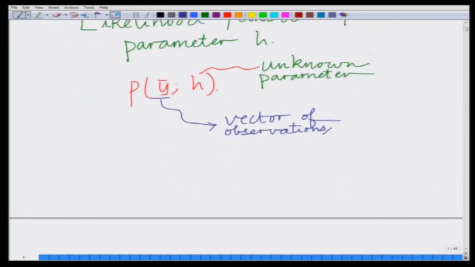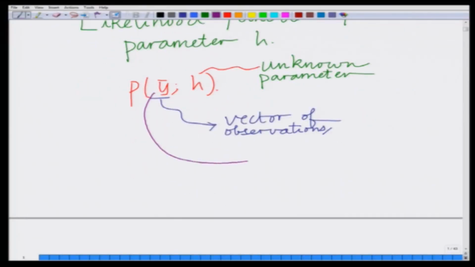So, to derive this Cramer-Rao bound, which is a lower bound on the variance of any estimator, we start as usual with something that is very fundamental to the context of estimation, that is the likelihood function. And the likelihood function, as we are all very familiar with by now, is denoted by P y bar semicolon h, where h denotes the unknown parameter and y bar denotes the vector of observations. Remember, y bar is the n dimensional vector. We have n observations, y1, y2, up to yn, and y bar is this vector.